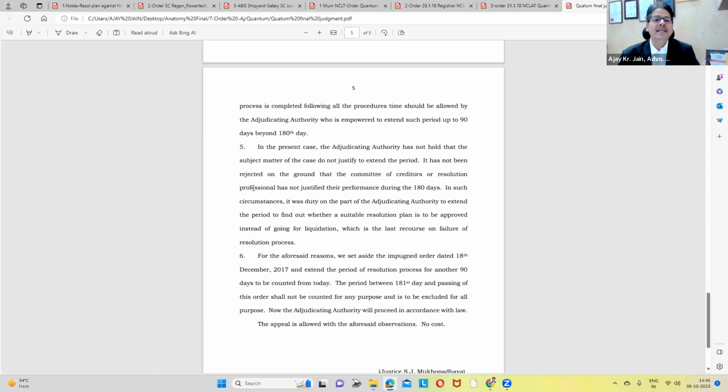It has not been rejected on the ground that the committee of creditors or resolution professional has not justified their performance during 180 days. In such circumstances, it was the duty of the adjudicating authority to extend the time to find out whether a suitable resolution plan is to be approved instead of going for liquidation, which is the last recourse on failure of the resolution process.